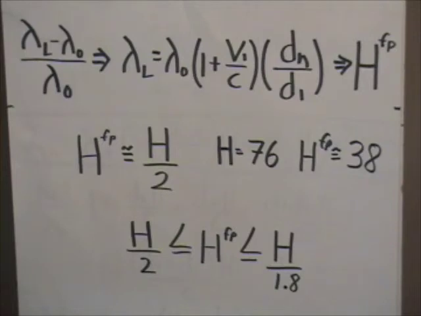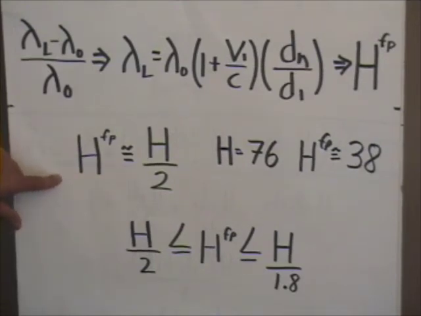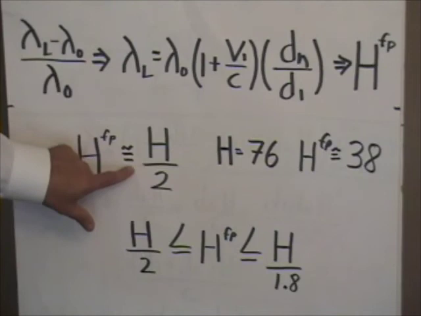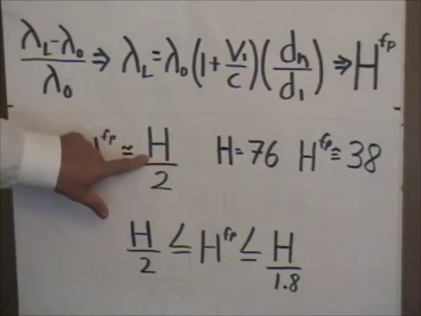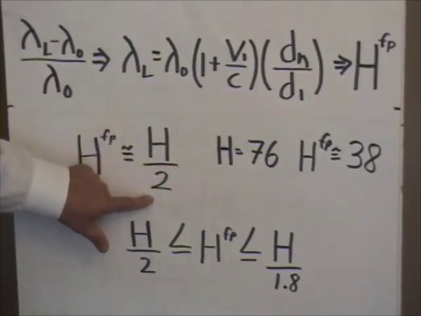And one final comment can be made in introducing these formulas, which is that it's going to turn out that the value of h derived by first principles will be approximately equal to the value of h derived by either of those other methods divided by 2, or in other words, 1/2 of those other values of h.